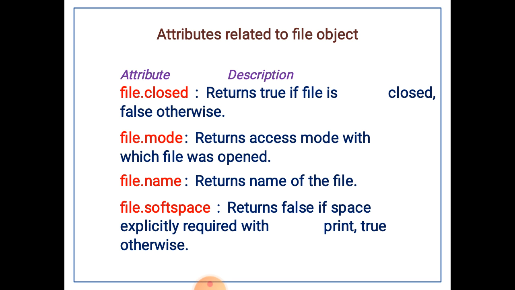Next, file mode. It gives out in which mode the file has been opened. Next, file name gives out the name of the file. Next, file dot softspace returns false if space is required with print, or true otherwise.